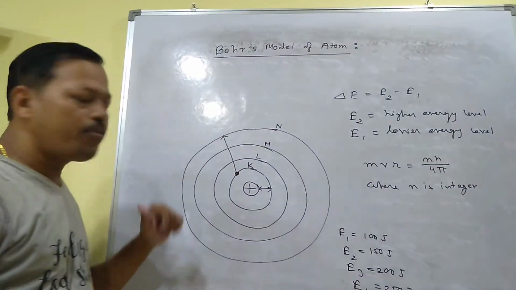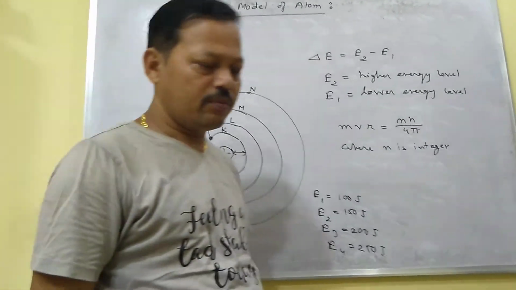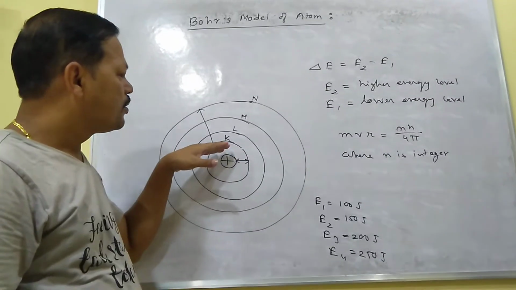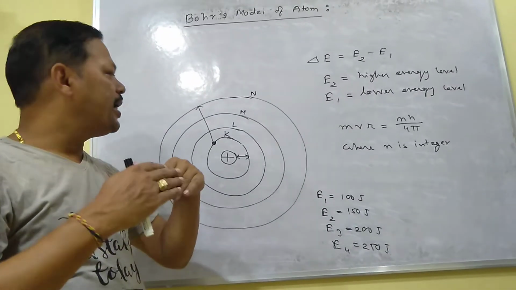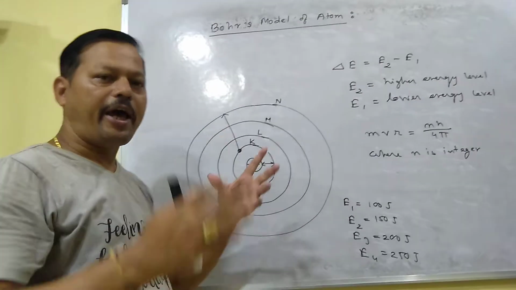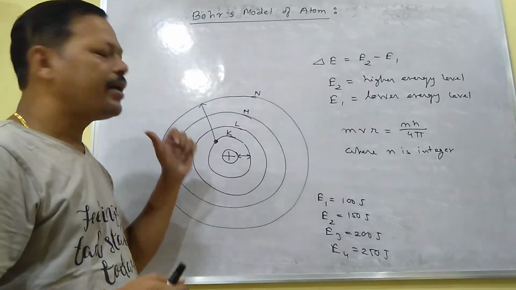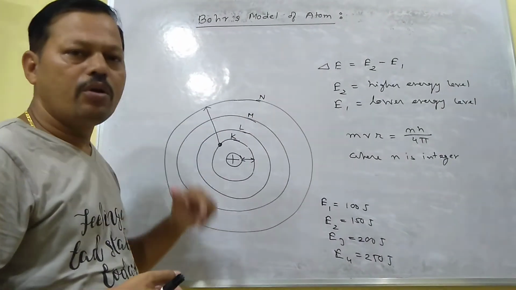The fourth point is that energy may be emitted or absorbed when the electron jumps from one orbit to another orbit. When an electron absorbs energy, it jumps from a lower energy level to a higher energy level, and when it emits energy, it comes from a higher level to a lower level.